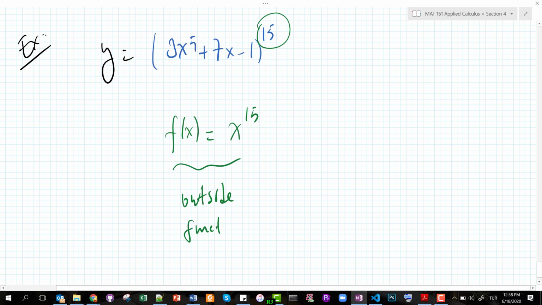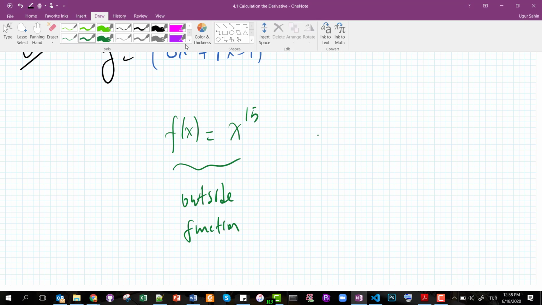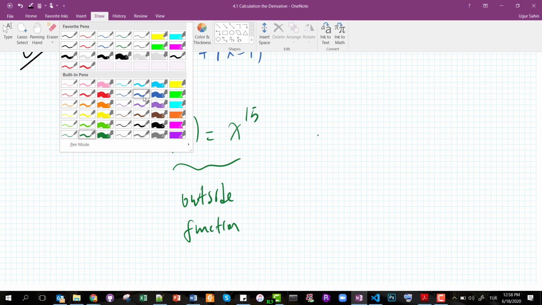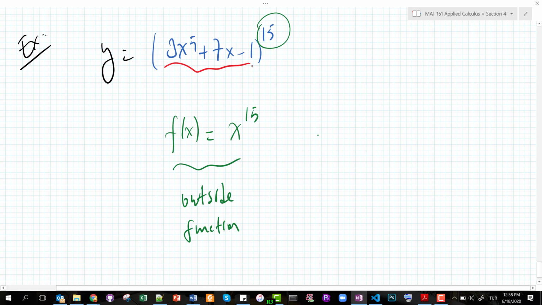You can give the chain rule in this way as well. And then your g of x would be whatever you have inside. As you see, there's another function here I can call g of x, 3x^5 + 7x - 1. This is the inside function, guys.